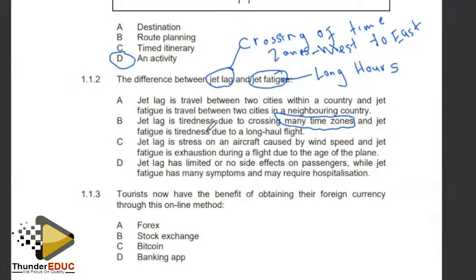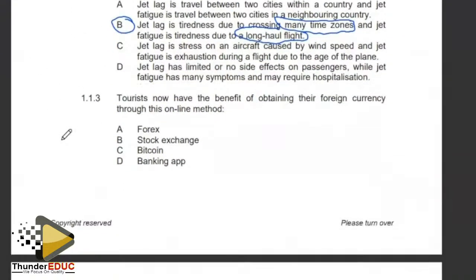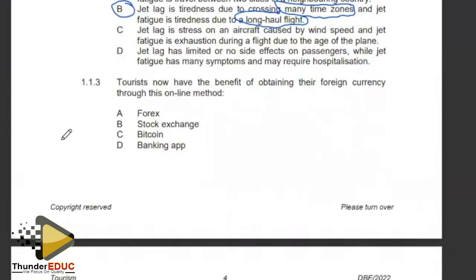And jet fatigue is actually tiredness, which results from a long-haul flight. So our correct answer, which matches the description given above, will be letter B. So letter B is the correct answer for that one.